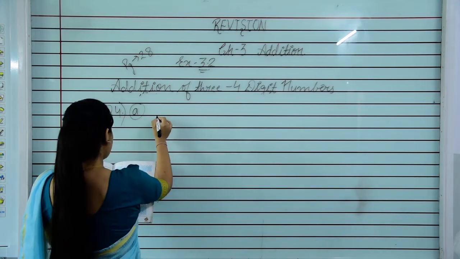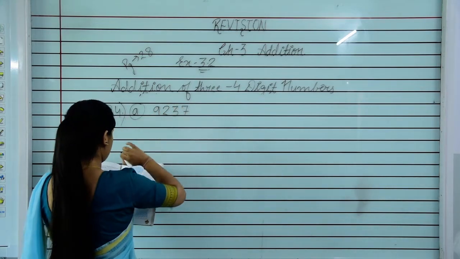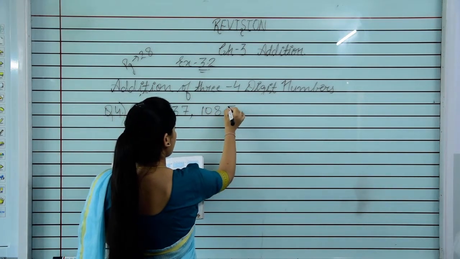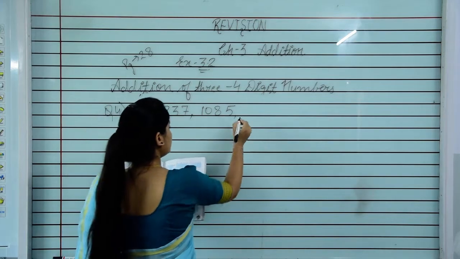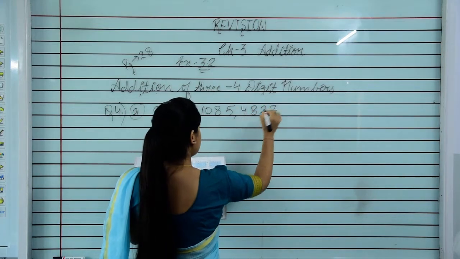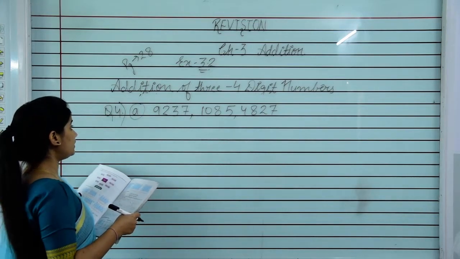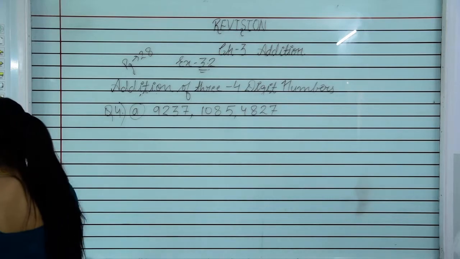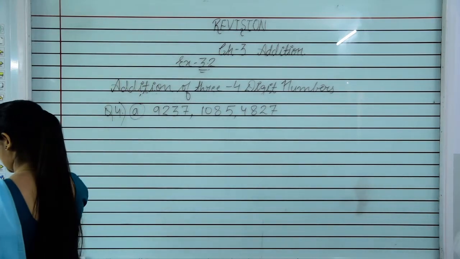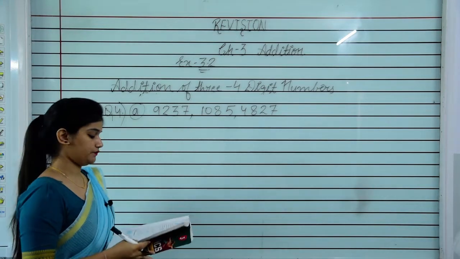So the first number is 9237. The next number is 1085, and the next number is 4827. In question number 4, we have to find the sum of these numbers. Understood, students? This is given on page number 31.